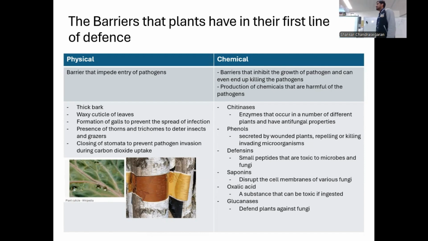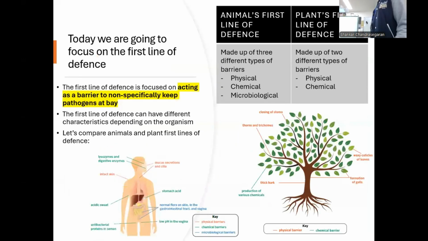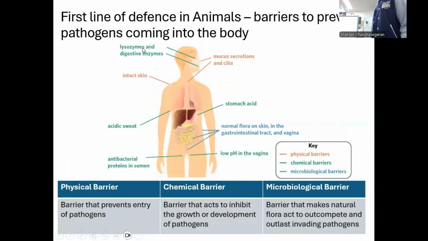We have cellular pathogens and non-cellular pathogens. And we looked at the first line of defense that organisms have against these pathogens. And the focus of the first line of defense is to ensure that the pathogen does not enter into the body, right?